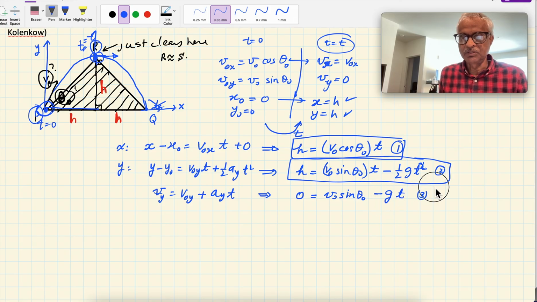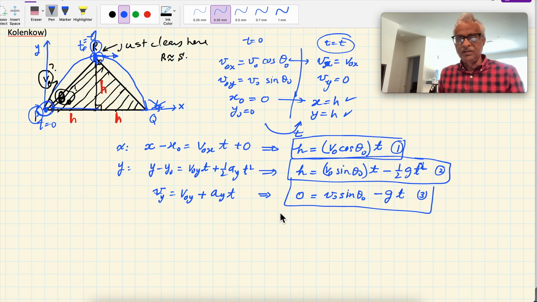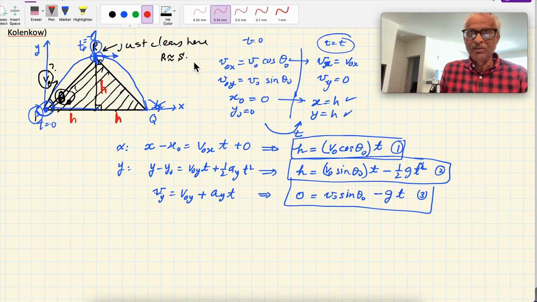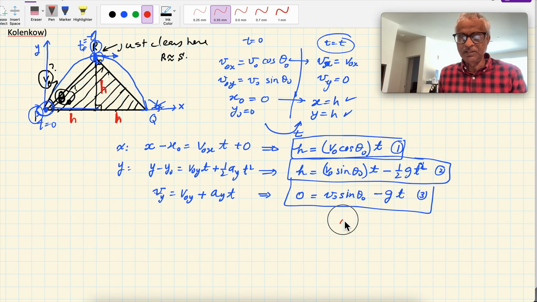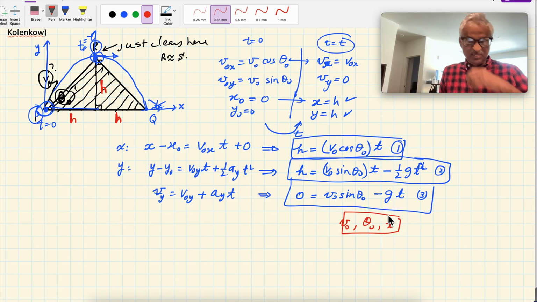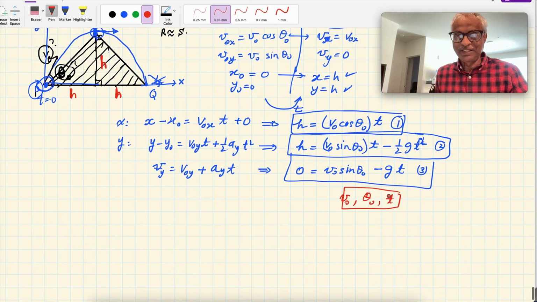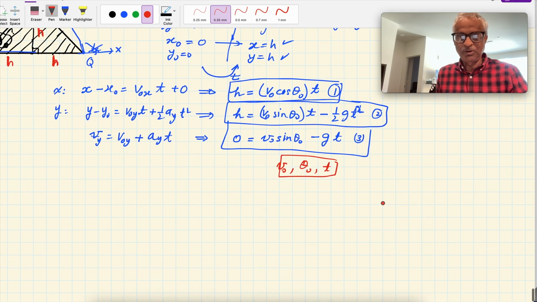So this is equation number 3. At this point we can proceed several ways. You can already see what's unknown here: V0, theta 0 and t. These are unknowns, and we have 3 independent equations.